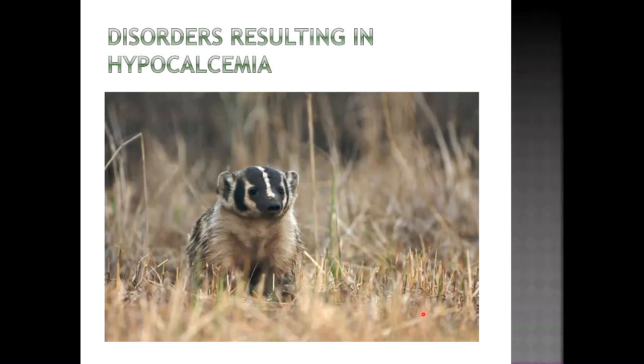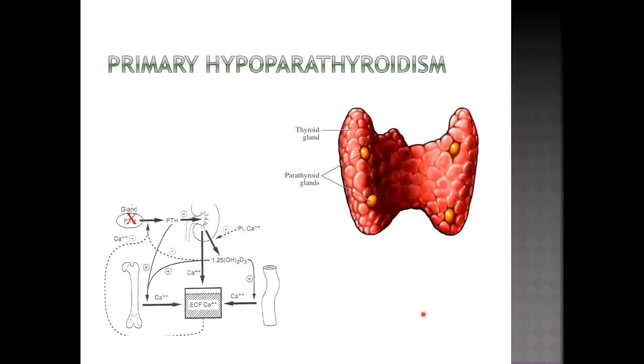Okay, so now we're going to turn the tables a little bit and talk about disorders resulting in hypocalcemia. So the big one that you think about as an endocrinologist, even though again this is not all that common, is primary hypoparathyroidism. We do see it periodically for sure, but it's not a very common disease. What we think happens with primary hypoparathyroidism is there's immune-mediated destruction of these parathyroid glands.